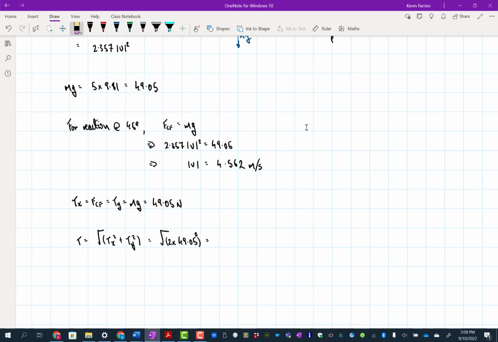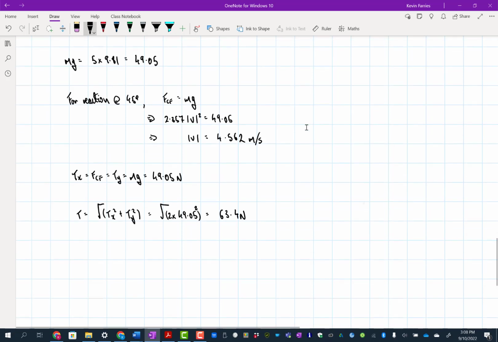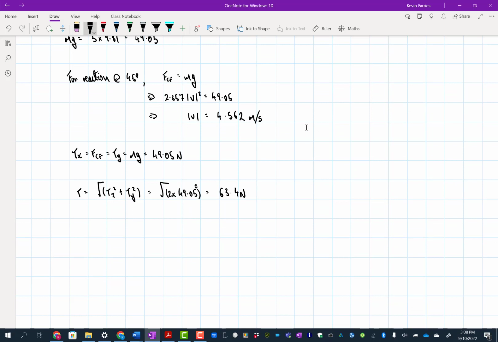So it's the square root of 2 times 49.05 squared, which is equal to 63.4 newtons. So 63.4 newtons.